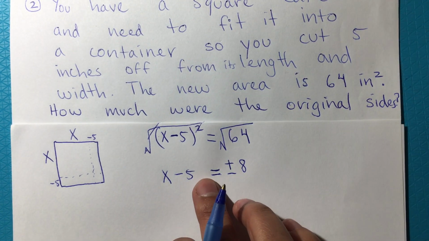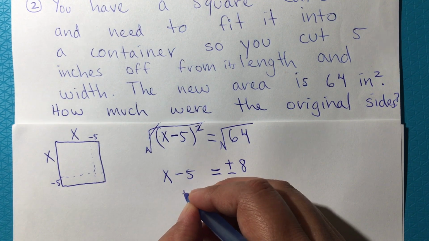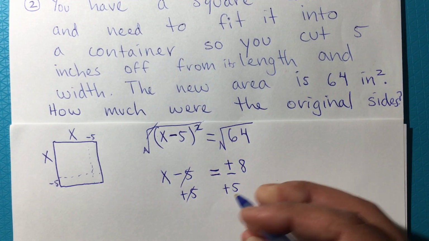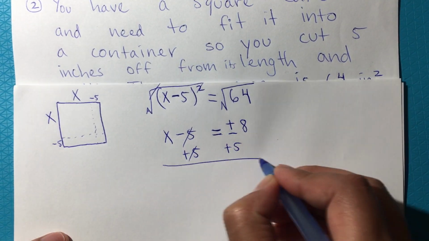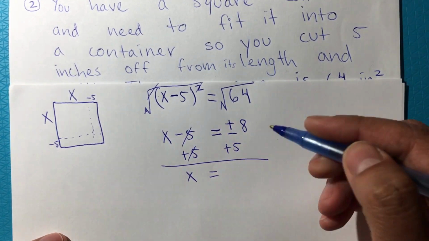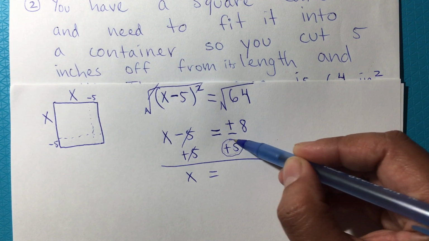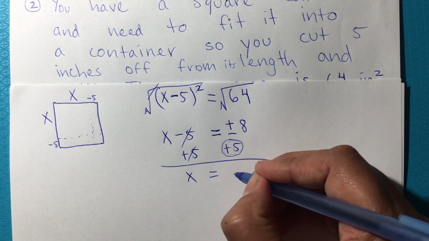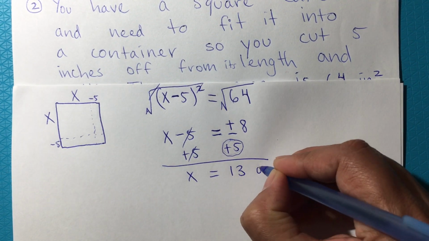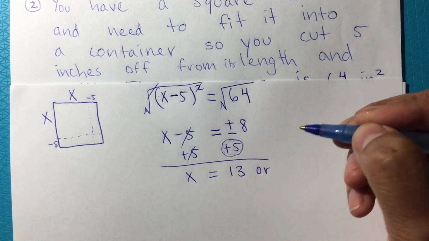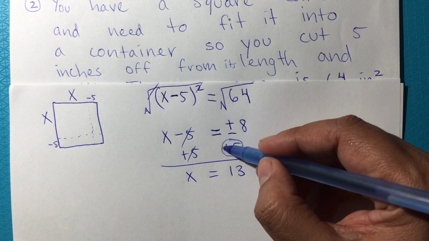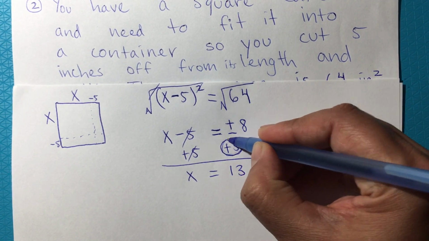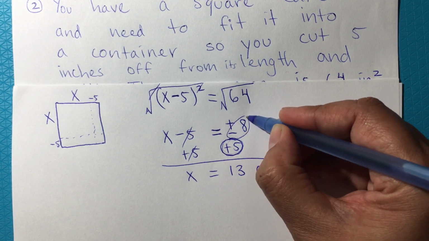Finally, if you're subtracting, you cancel by adding, because that cancels this. And so x is equal to, first you put together the positive 5 and the positive 8, you add them and you get 13. Or, in here you're going to get positive 5 and now the negative 8.